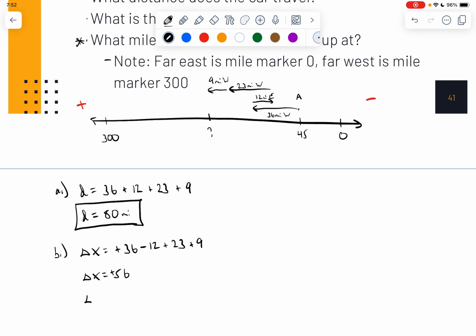Now, because we have a positive value, that means we've gone in our positive direction. That positive direction we're calling west. So we can say our overall displacement is going to be 56 miles going west.